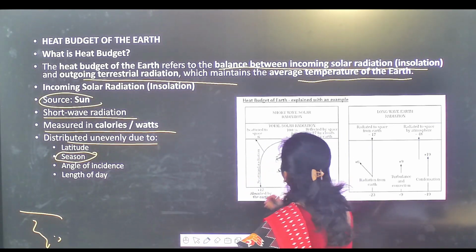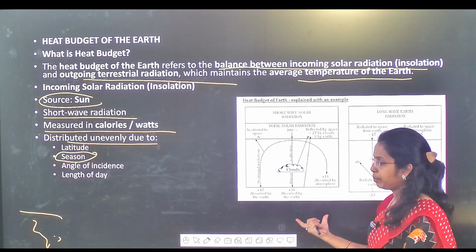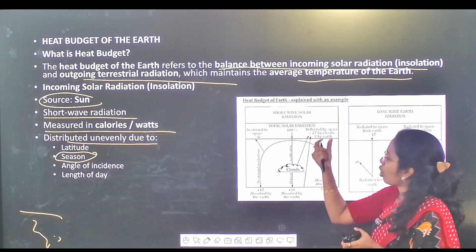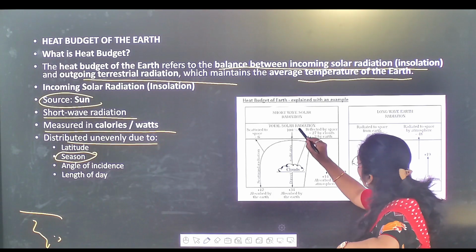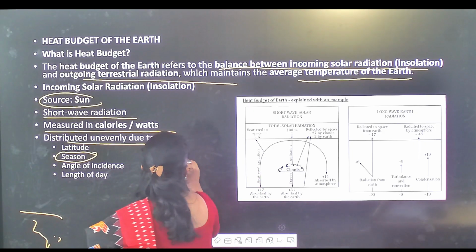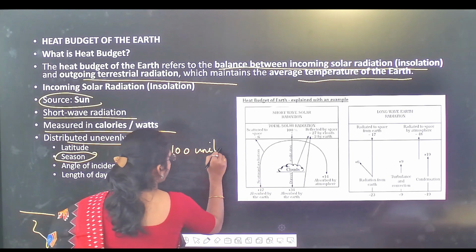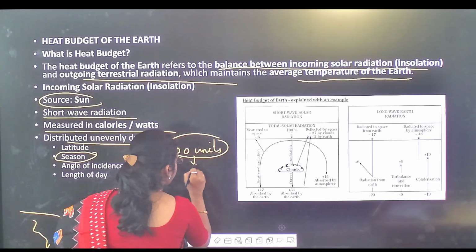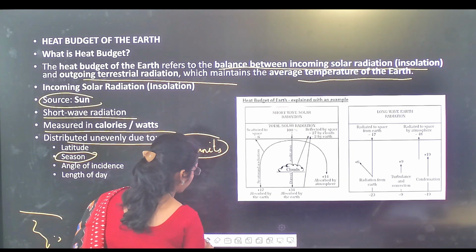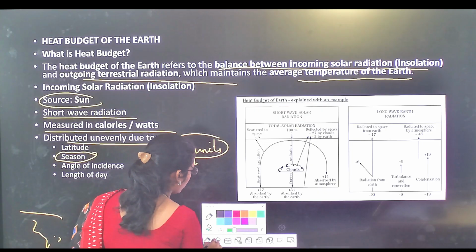Next, when you see this diagram here, first we are going to talk about short wave solar radiation. 100 units of solar radiation are coming.